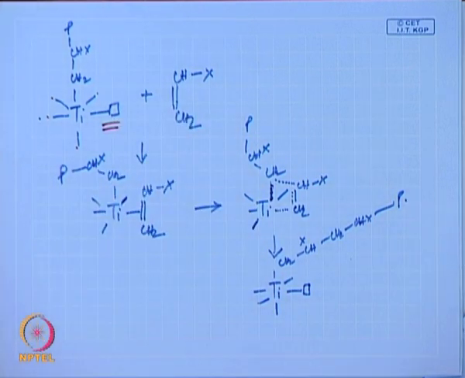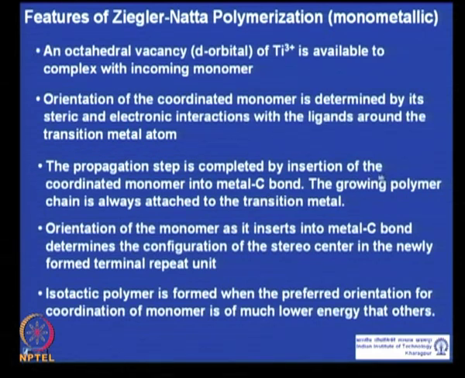The propagation step is completed by insertion of the coordinated monomer in the transition metal carbon bond, as we discussed just now, and the growing polymer chain is always attached to the transition metal. Remember, in the case of bimetallic, the growing polymer chain was attached to the aluminum metal.